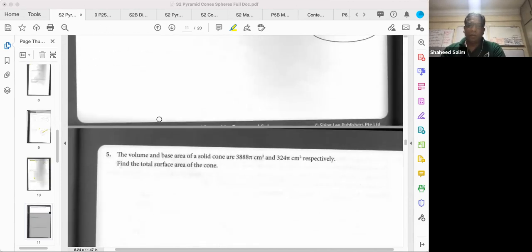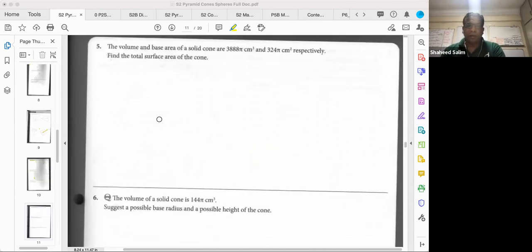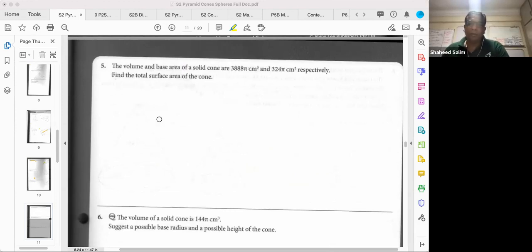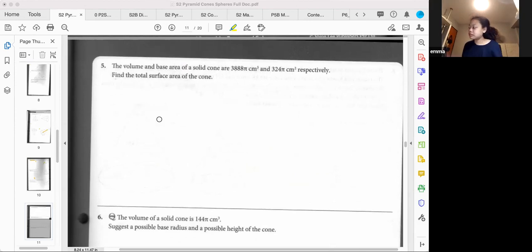Okay, Emma. Let's see. This one we have done, right? Have we? Oh, number 5. Sorry. The volume and base area of the cone, find the total surface area.